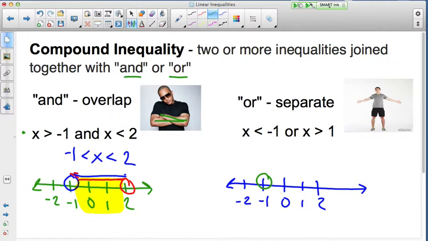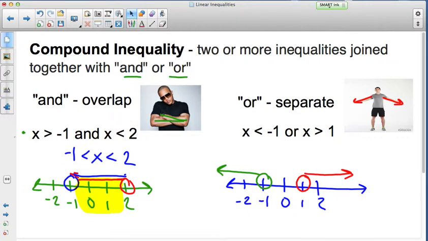Since x is less than -1, all of our solutions will be shaded to the left. And our second inequality, which I'll do in red, x is greater than 1, so open circle at 1, and an arrow to the right, showing that all possible solutions for x can occur to the right of 1. And you see our picture here of our line graph. Both lines are going in opposite directions, kind of looking like the gentleman here with his arms held outwards.